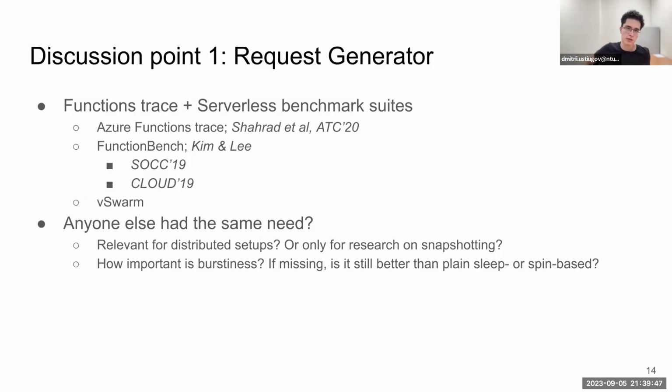But the problem that we faced immediately is that Azure traces are actually collected from a huge cluster, so you need a lot of nodes, a lot of cores. By some rough estimates, I think it's at least hundreds of nodes that you actually need to use it.